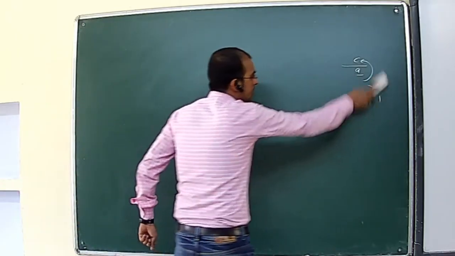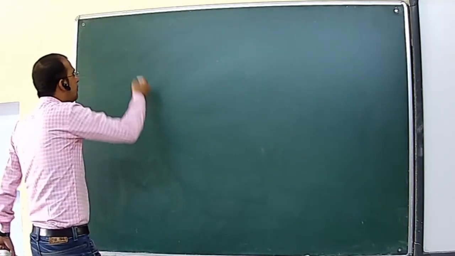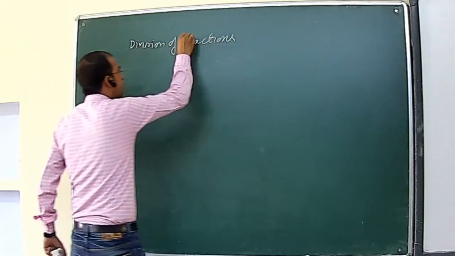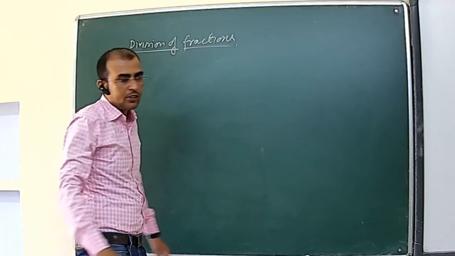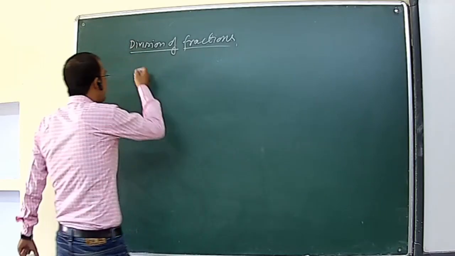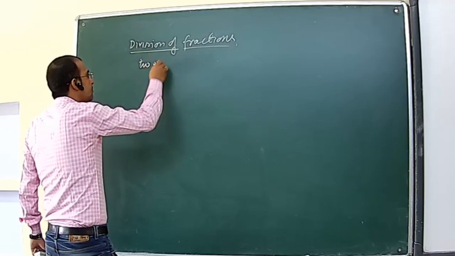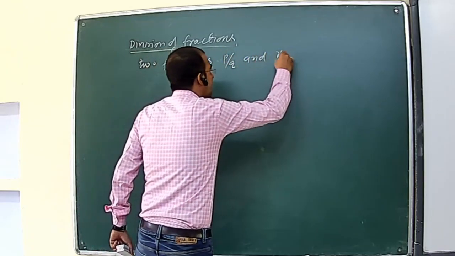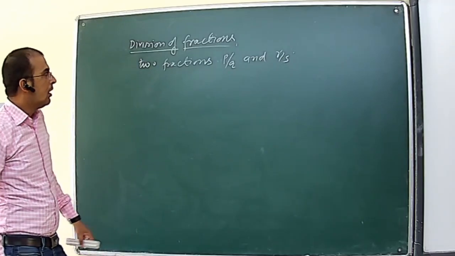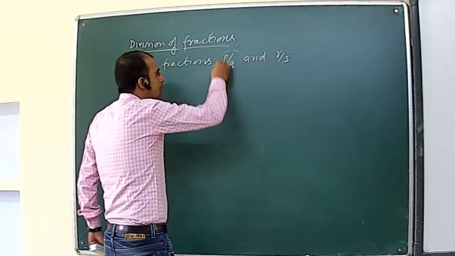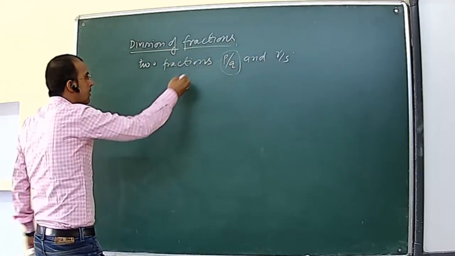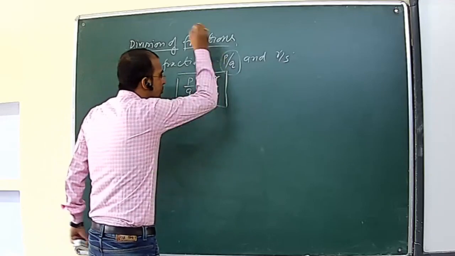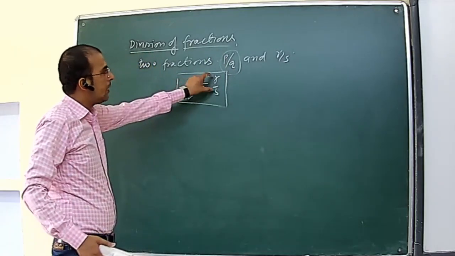Let us consider two fractions P by Q and R by S. I am going to divide P by Q divided by R by S. Their division can be written as P by Q divided by R by S. This is the division of the two fractions, which means the fraction P by Q will be divided by R by S.